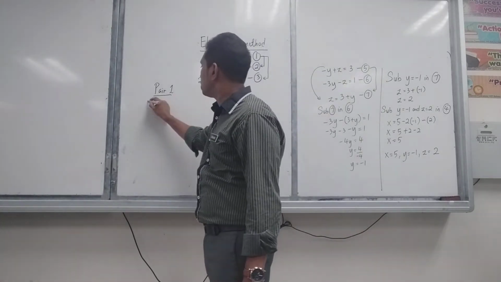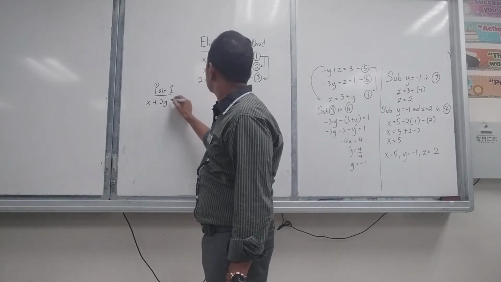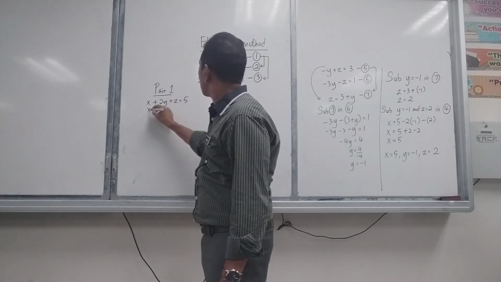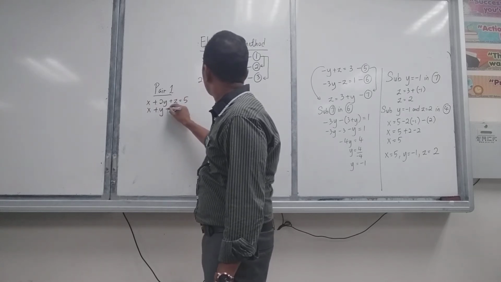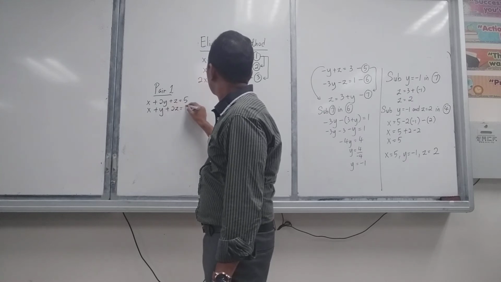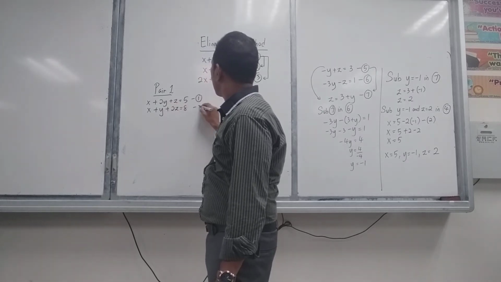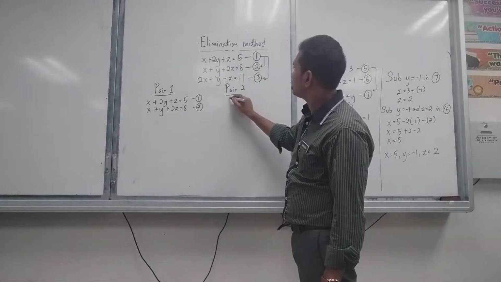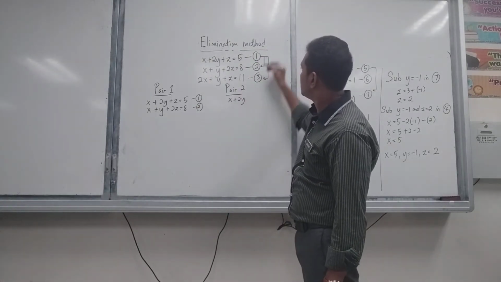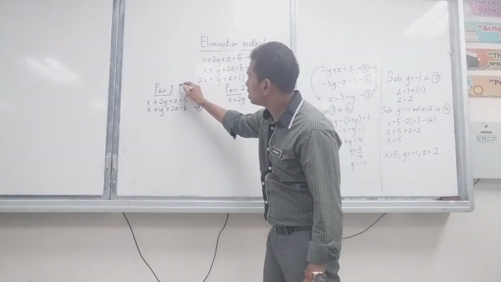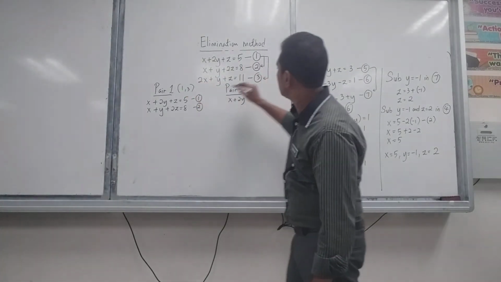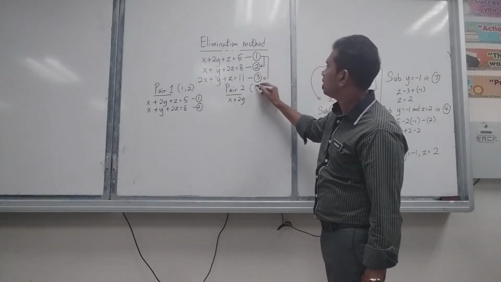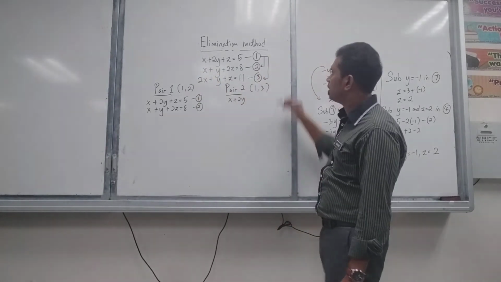Same like what I did just now. Then I choose the second pair. Sorry, 1 and 2. The second pair will be 1 and 3.